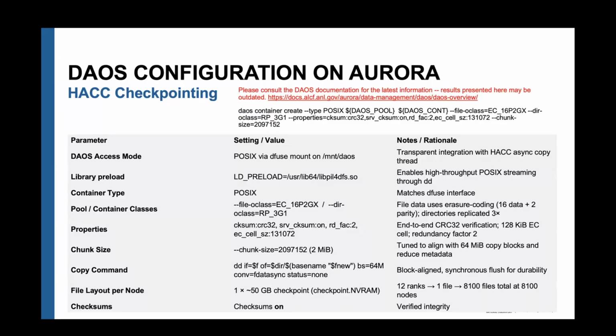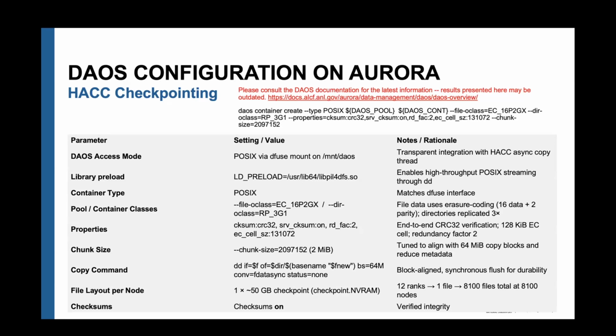And we use the LD preload library that manages the POSIX streaming through DD. We execute DD as a normal system command, but using this intercept library makes the whole copying faster by intercepting all of the POSIX operations and creating DFS commands, basically.